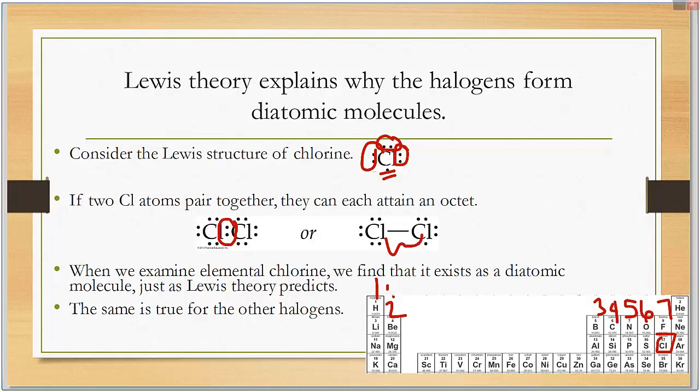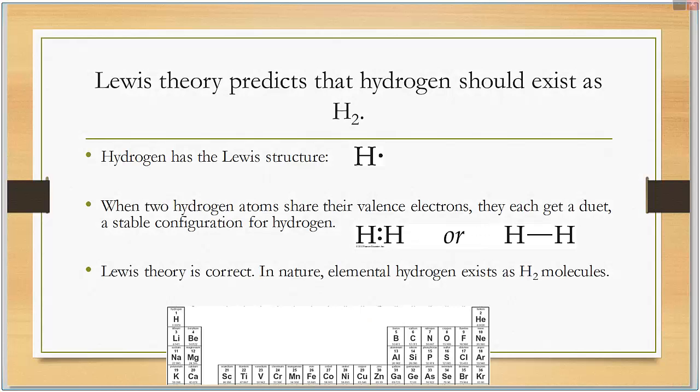When we examine the elemental chlorine, we find that it exists as a diatomic molecule, just as Lewis theory predicts. The same is true for the other halogens. It's also true for hydrogen. Hydrogen has the Lewis structure of just 1 dot because it's in the 1st row.